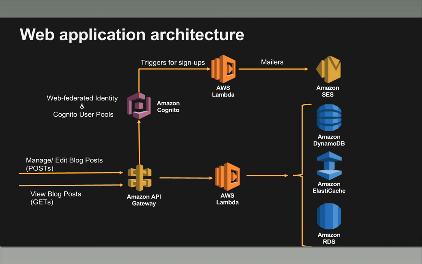So after they get authenticated, they will connect to the blog site, and your Lambda code gets executed, and that's going to fetch user-specific information from the database choices that they have. So this is a typical example of what you would see in a web application that is using the serverless methodology.